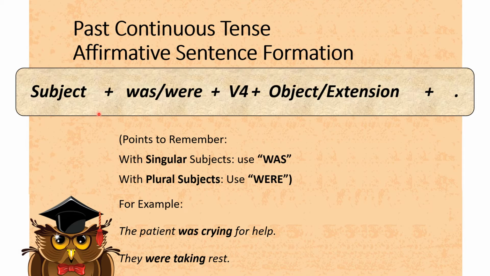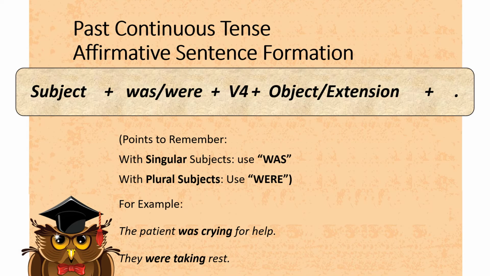So following this formula, these two sentences are written, and I hope that now you are able to write correct affirmative sentences of past continuous tense, as well as you're also able to identify that the given sentence is an affirmative sentence of past continuous tense or not.